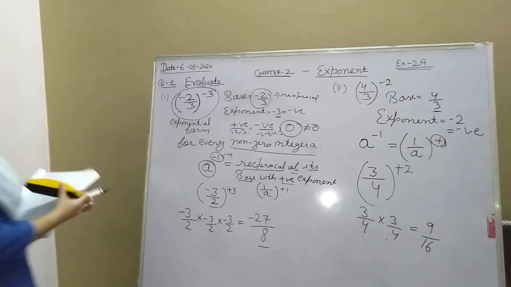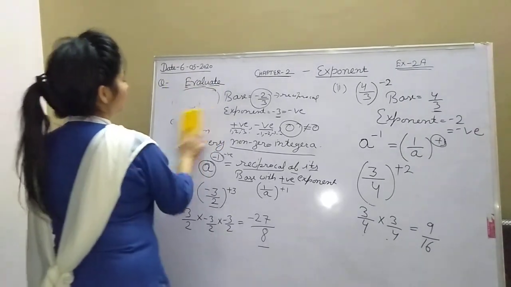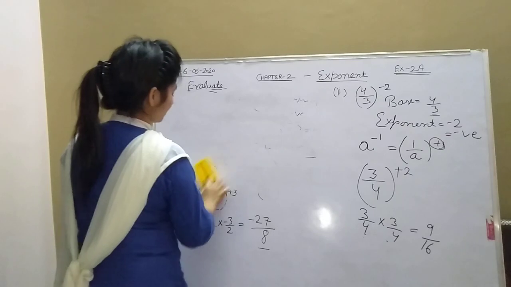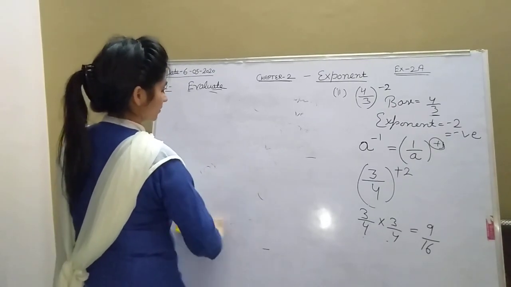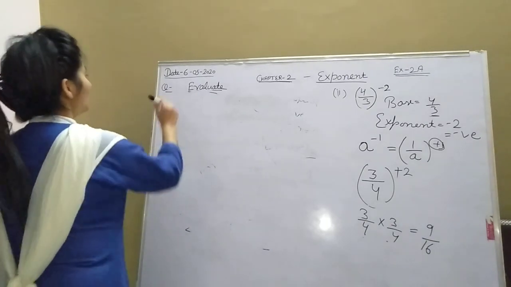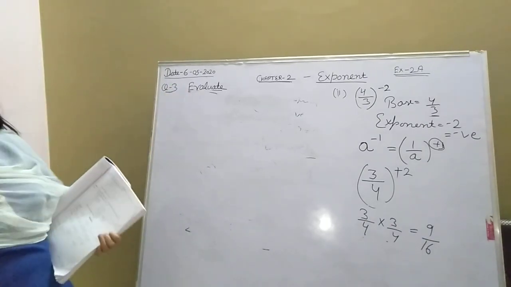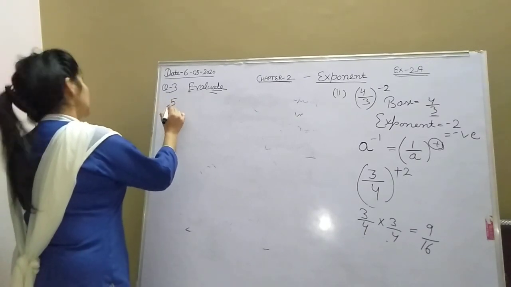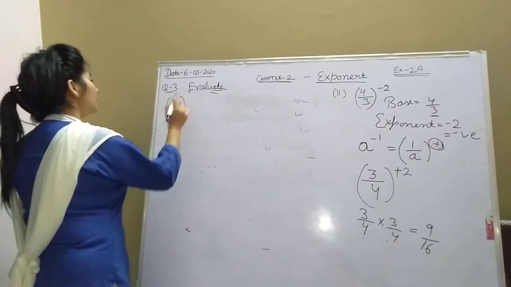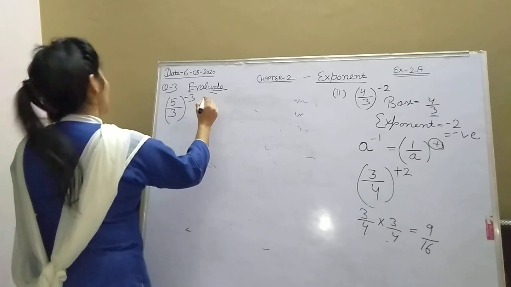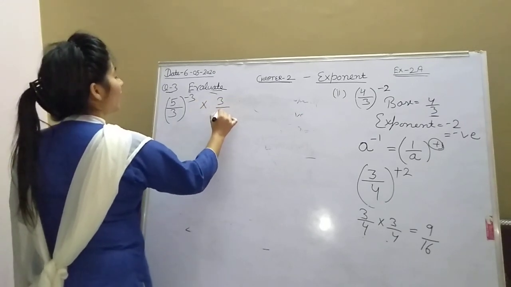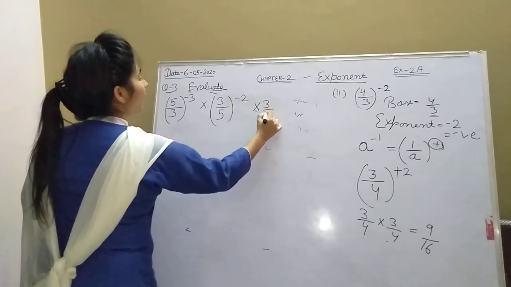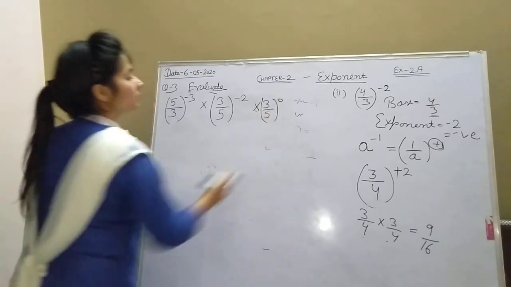Now we are coming to question number 3. Question number 3 is 5 by 3 raised to power minus 3 multiply 3 by 5 raised to power minus 2 multiply 3 by 5 raised to power 0.